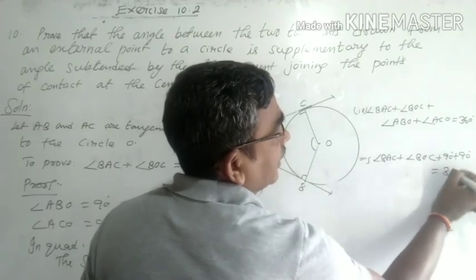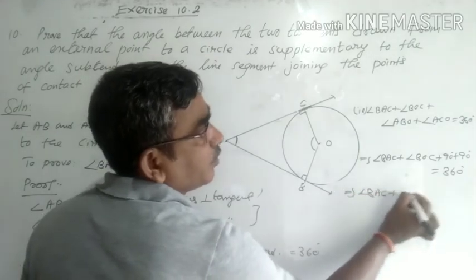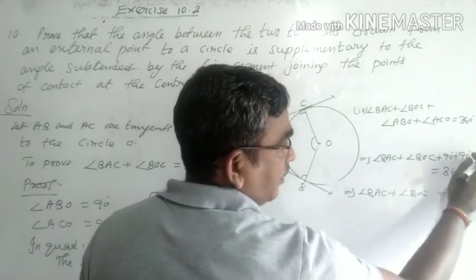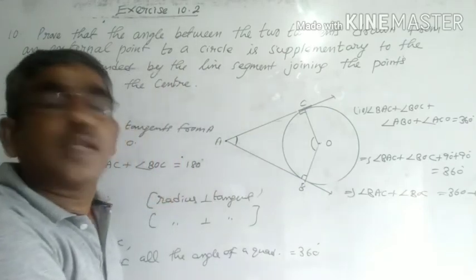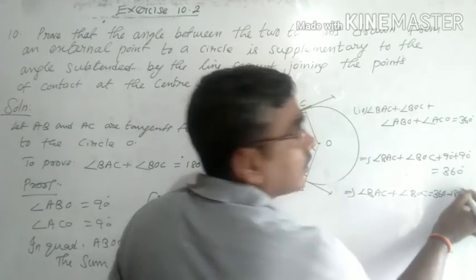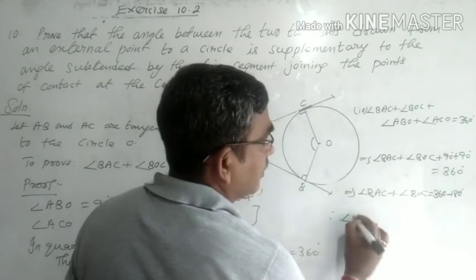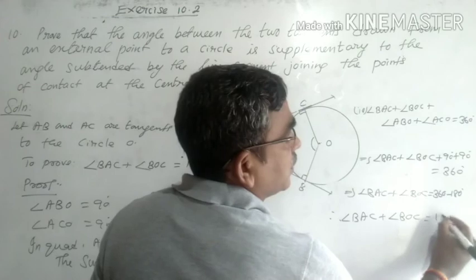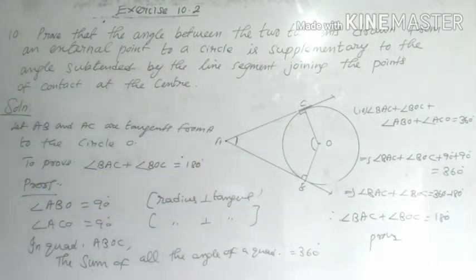All together must be 360 degrees. So angle BAC plus angle BOC plus 90 plus 90 must be 360. 90 plus 90 is 180, transfer to the other side, minus 180. 360 minus 180 is 180. So angle BAC plus angle BOC equal to 180 degrees. It is proved. I hope it's a simple idea.